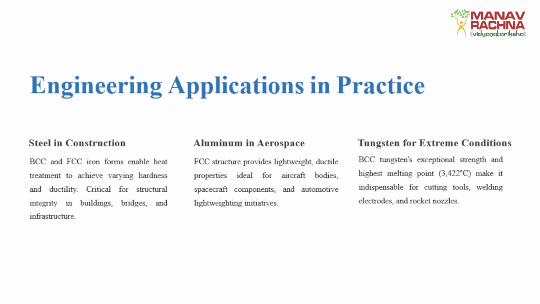Aluminium, with its FCC structure, is lightweight and ductile, which is why it is widely used in aerospace and automotive industries. Tungsten, with its BCC structure, possesses very high strength and melting point, making it ideal for cutting tools and high temperature applications.